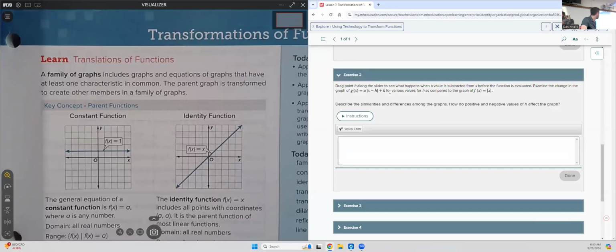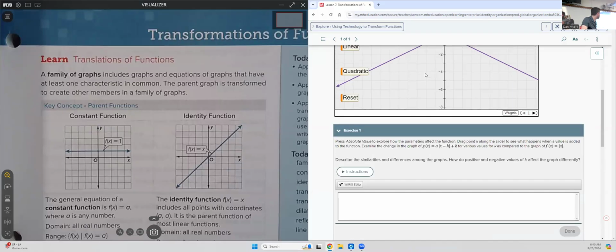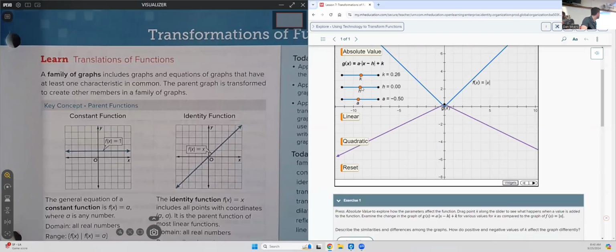what does it say? Move the values of h, I think it says. Yeah, drag point h. What's h doing? What's that? So I'm looking here and I see 2 x-intercepts in terms of where I have my graph currently.